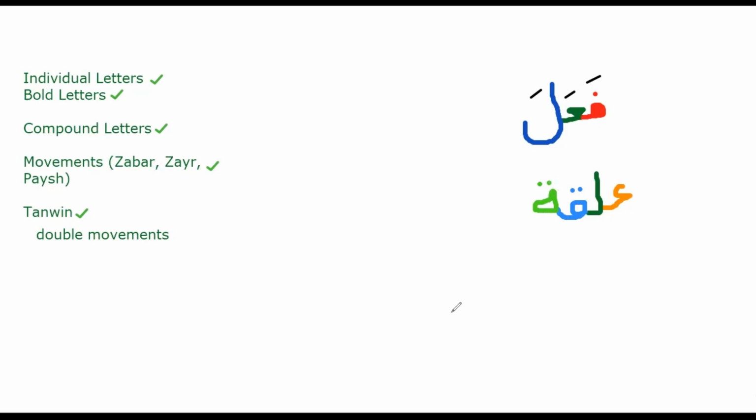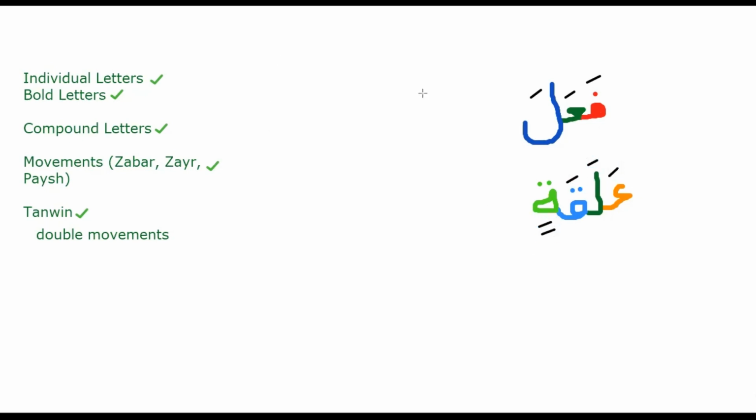Now you should first know what these compound letters are. The first letter is ain. The green letter is lam. The blue letter, one of the bold letters as well, is qaf. And the last green letter is ta, the rounded ta. So these are four letters. Let me put the signs on them.